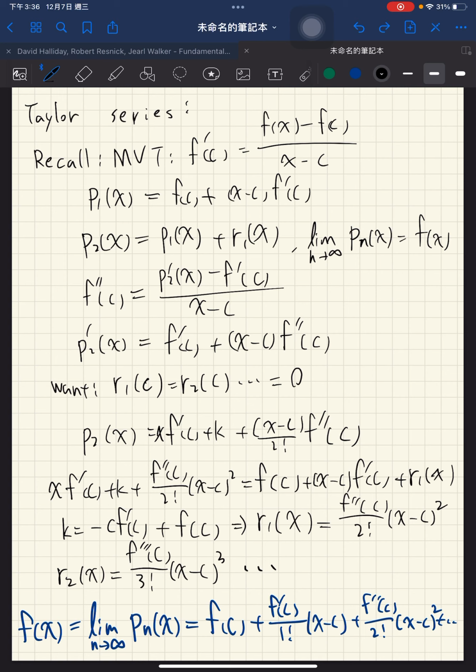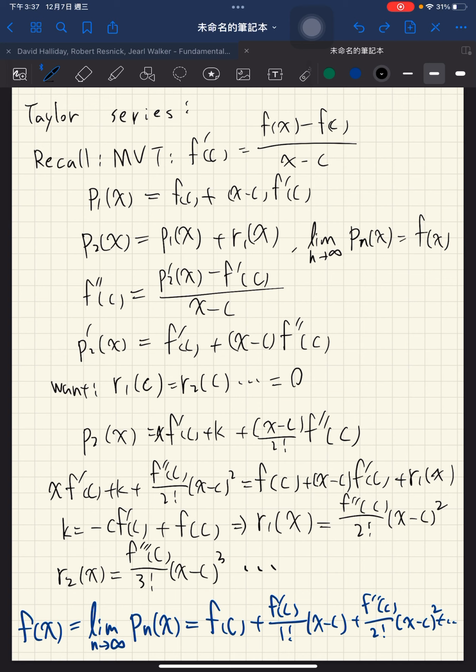So we got a remainder term that can help us to make the approximation better. And when we approximate infinitely many times, we will get the original f of x here.